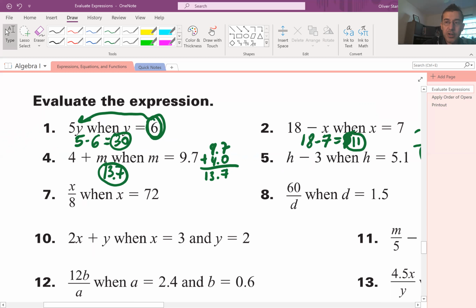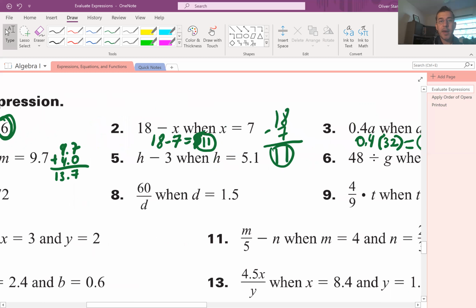Number 5, h minus 3 when h equals 5.1. So this is 2.1 right away, but let's do it. 5.1 minus 3, or 3.0. Right? So 1 minus 0 is 1, period, and then 5 minus 3 is 2. So the solution is 2.1.